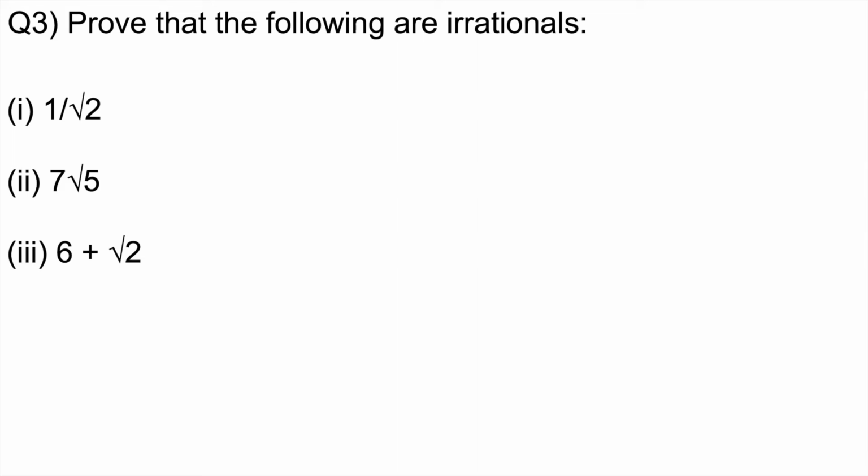Question number 3. Prove that the following are irrationals. Numbers are 1 by root 2, 7 root 5, 6 plus root 2. First number is 1 by root 2. Okay.